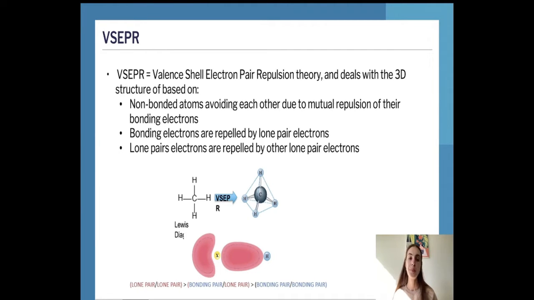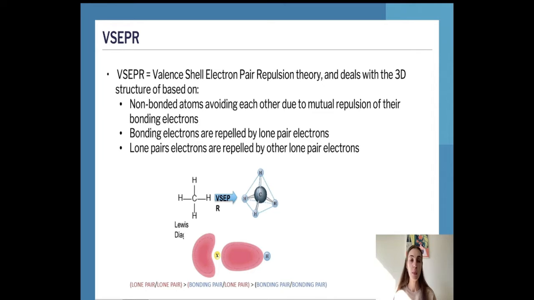These structures are based on non-bonded atoms avoiding each other due to mutual repulsion of their bonding electrons. This is talking about where certain electrons don't want to be nearby each other, so they will evenly spread out because they're repelled by each other.